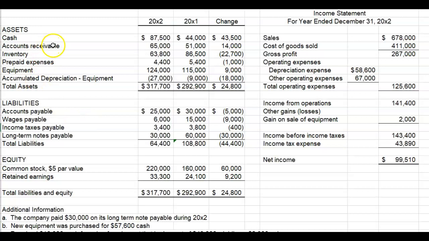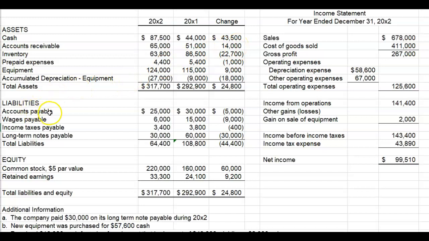So as a reminder and a restatement, in the current asset section, the change has an opposite effect on net income. If a current asset increased, then do the opposite. Subtract it or decrease net income. If a current asset decreased, then do the opposite and add it to net income.